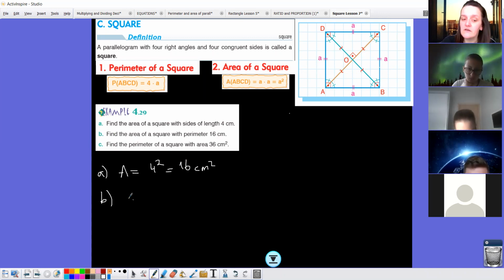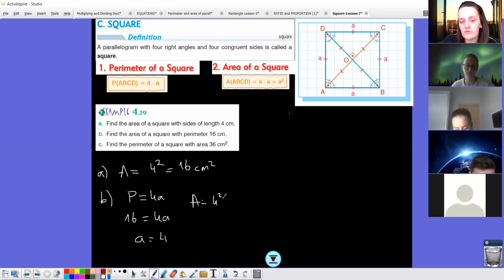The perimeter is 4A, so 16 is equal to 4A, then A will be 4. So area will again be 4 squared, which is 16 square centimeters.